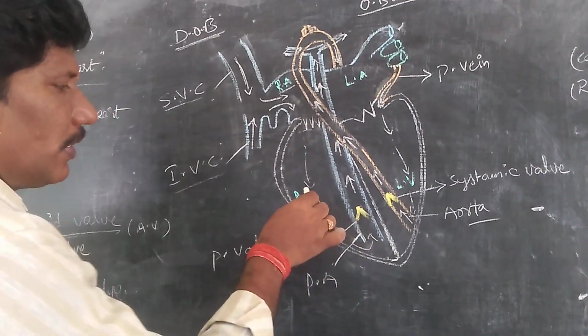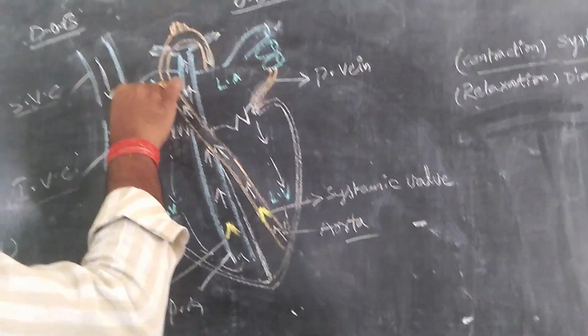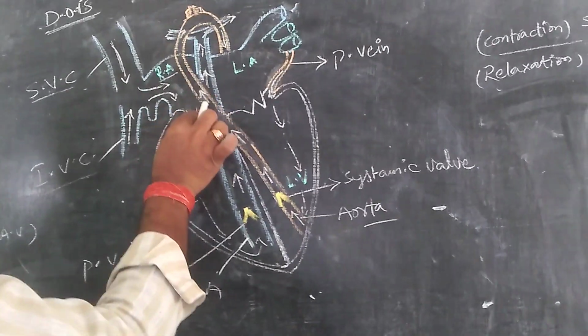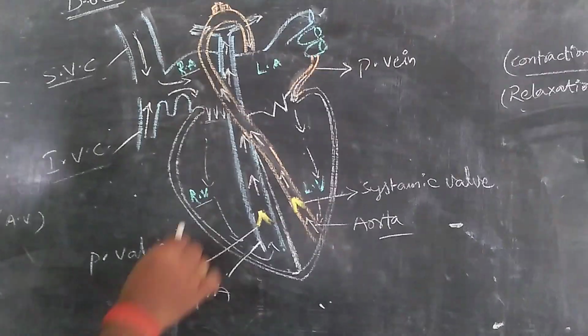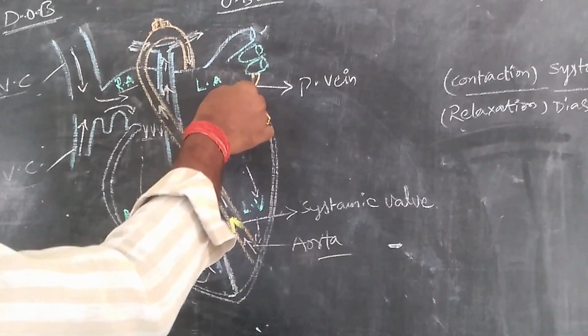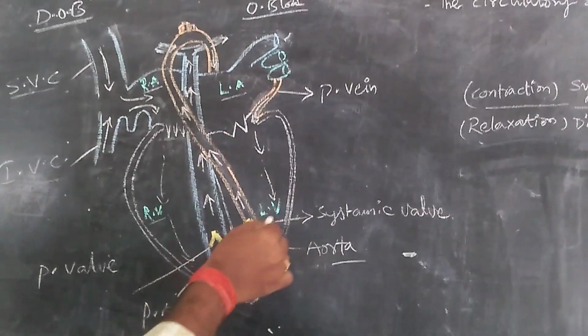Next, once the blood comes to the right atrium, through the contraction of the right atrium the blood reaches the right ventricle through the tricuspid valve. Immediately coming to the left side, it is called the left atrium and left ventricle.